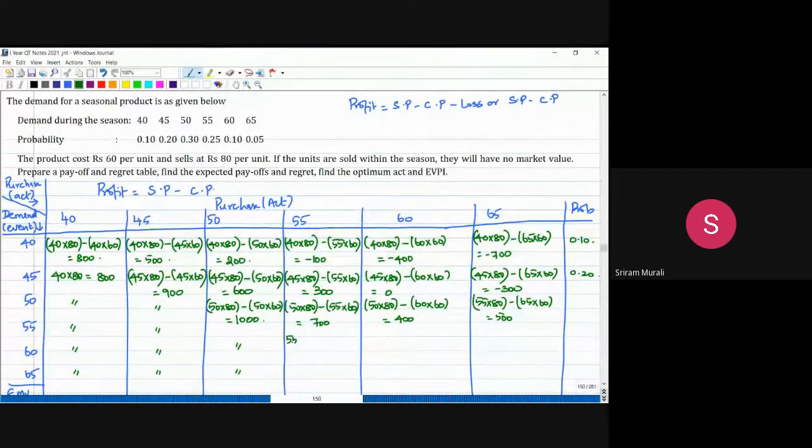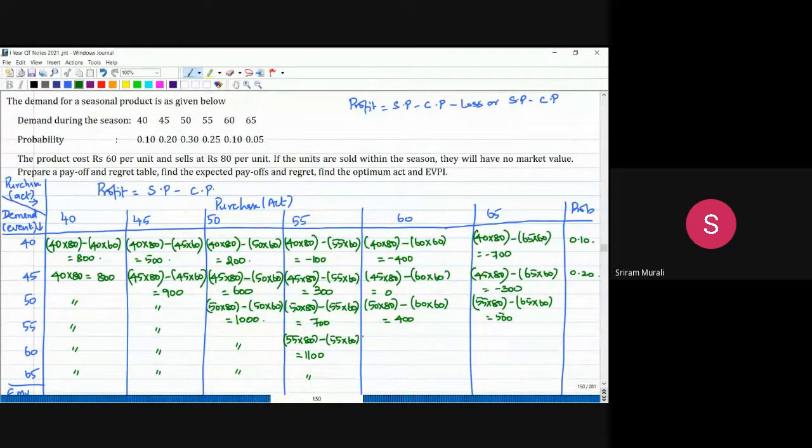So this is 55 into 80 minus 55 into 60. This is equal to 1100. So 1100 will be the same for the next case, because I purchased 55, demand is 65. So you can manage this.